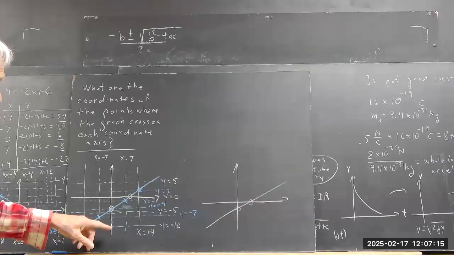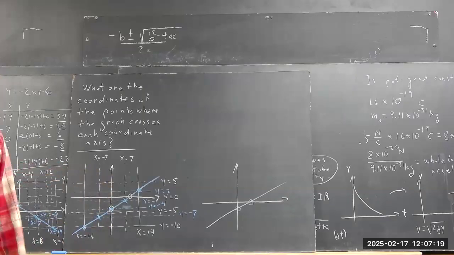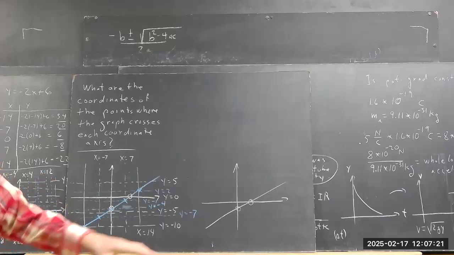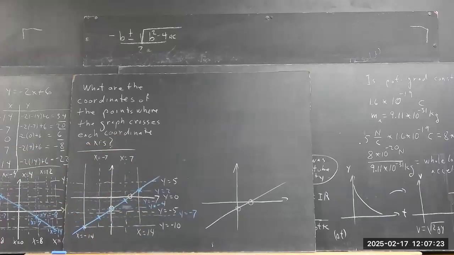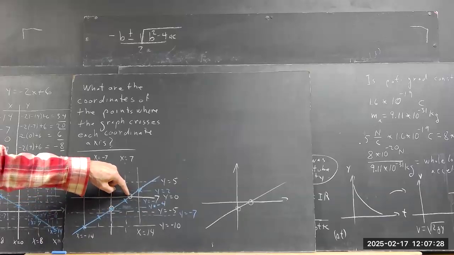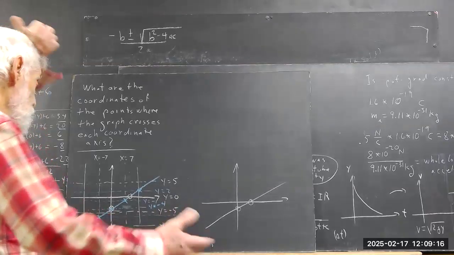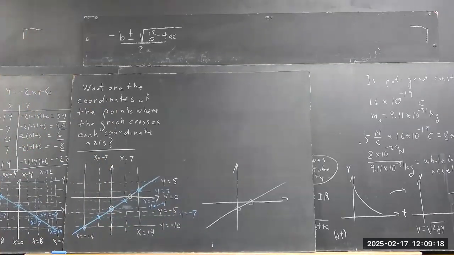And y is negative 10 here and 5 here, okay? Now, can you estimate, just looking at this graph, what the coordinates of this point would be and what the coordinates of this point would be? Okay, that took a little while to get oriented with the question, but now everybody wrote down good coordinates, okay?